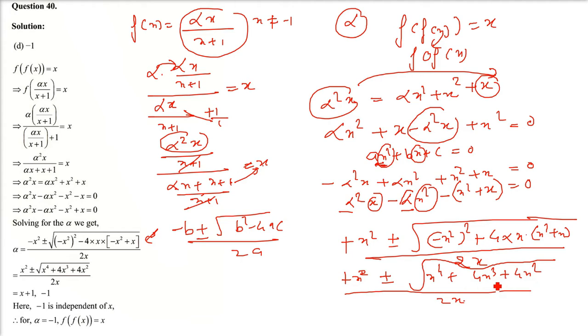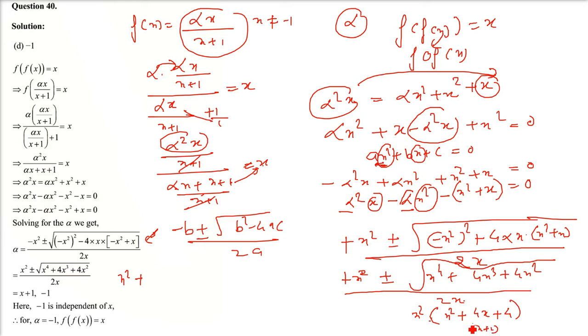All the terms have x square at least. So we have x square, one value x square plus, and one value x square minus. So x square plus minus, I'm taking x square common from under root. So x square plus 4x plus 4, and this is nothing but x plus 2 whole square.